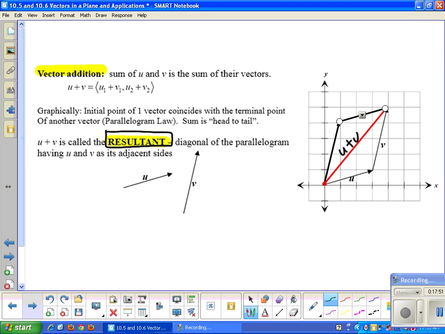So if I do this way, notice that vector v here and u, even though I moved it in a different position, the resultant u plus v will still end up being the same. So that's all the parallelogram law states, is that it doesn't matter where the vectors are or how you add them, you'll still get the same answer in the end.